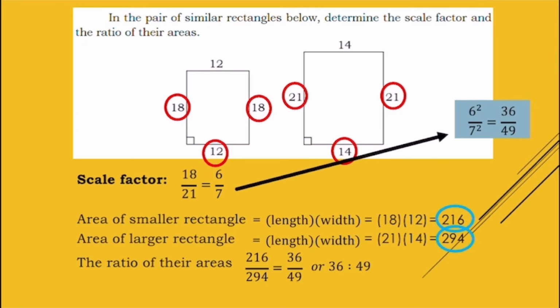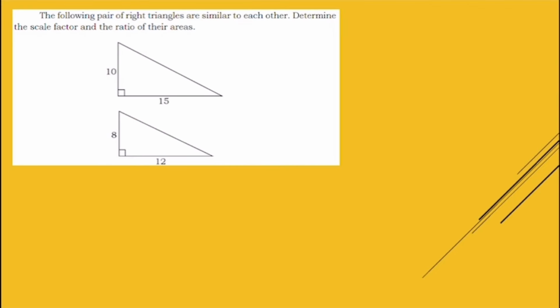Now, let's proceed to our last example. The following pair of right triangles are similar to each other. Determine the scale factor and the ratio of their areas. Again, let's get the scale factor by getting any of their corresponding sides.